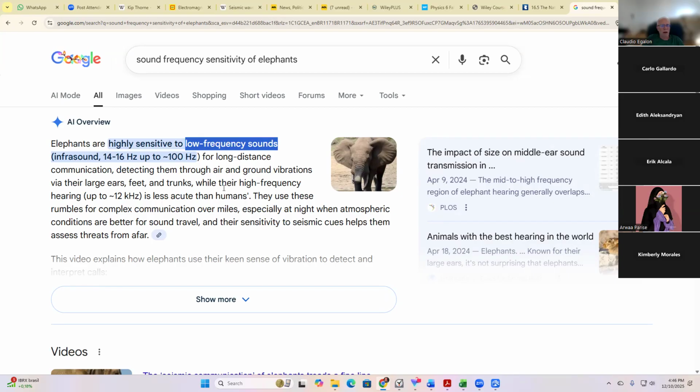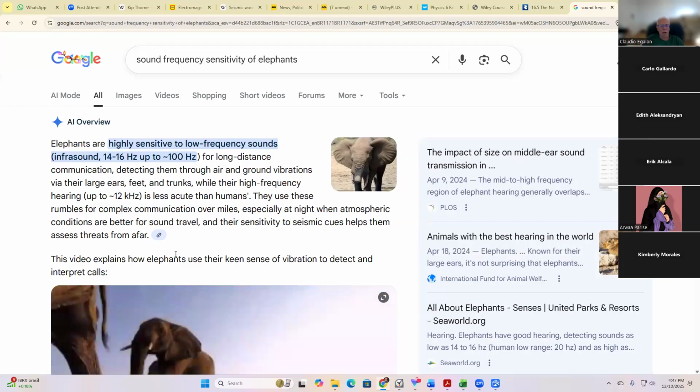So elephants are sensitive to infrasound frequencies, 14 to 16 hertz all the way up to 100 hertz, for long distance communication, detecting through the air and ground vibrations via their large ears, feet, and trunks. While their high frequency hearing is less acute than humans, they go only up to 12 kilohertz. Humans go all the way up to 20 kilohertz.